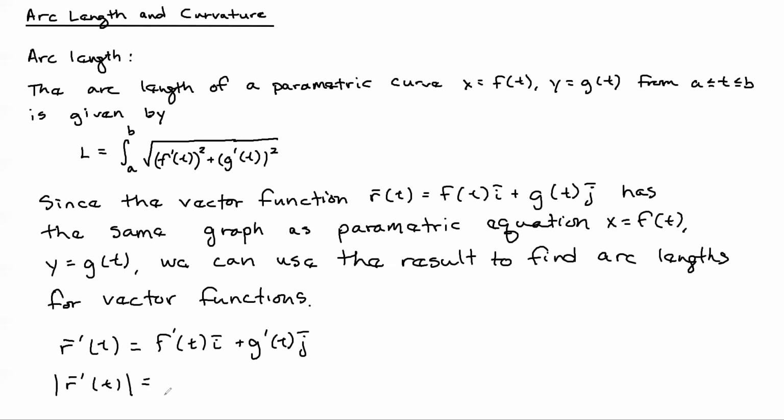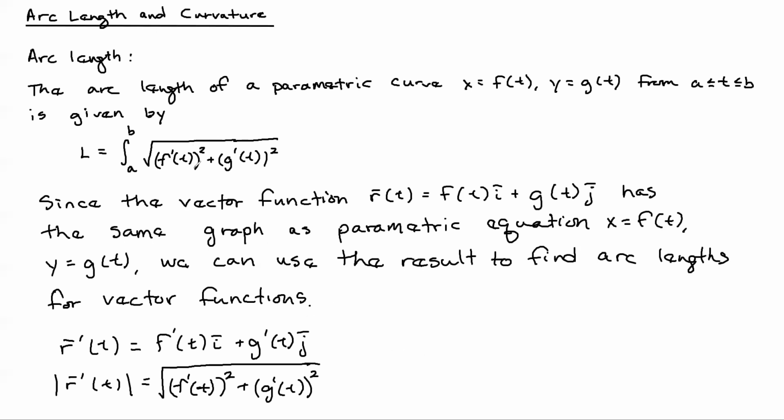We take the square root of the sum of the components squared: the square root of f prime of t squared plus g prime of t squared. Take a look at what we ended up with for the length of r prime, and look at our formula, and you can see that those are identical.